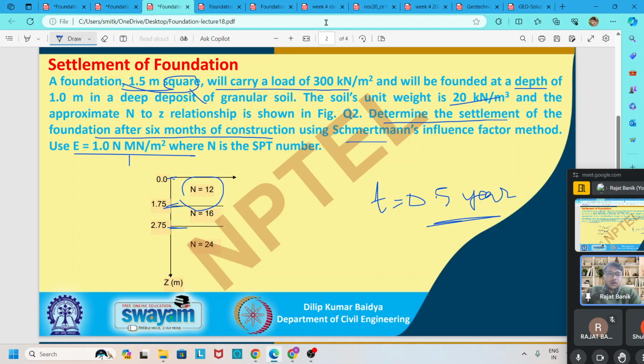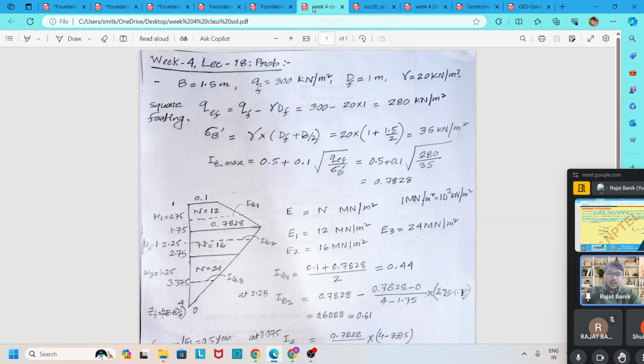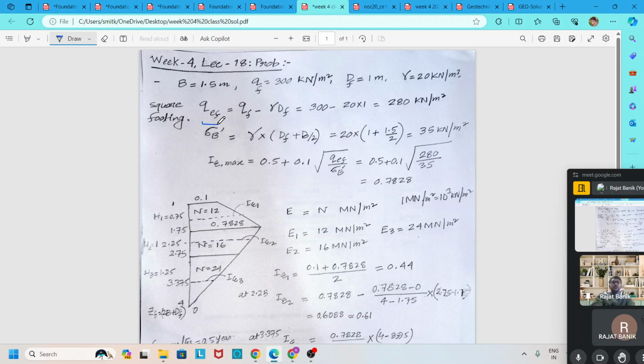Now I go to the solution page. Based on this formula, we find out q_ef, which is equal to q_f minus gamma D_f. So q_f is 300, which is given in the question, and gamma is given as 20, so it is 280 kilonewton per meter square.